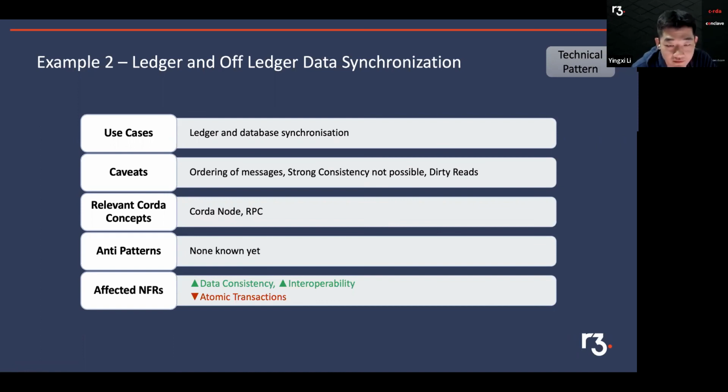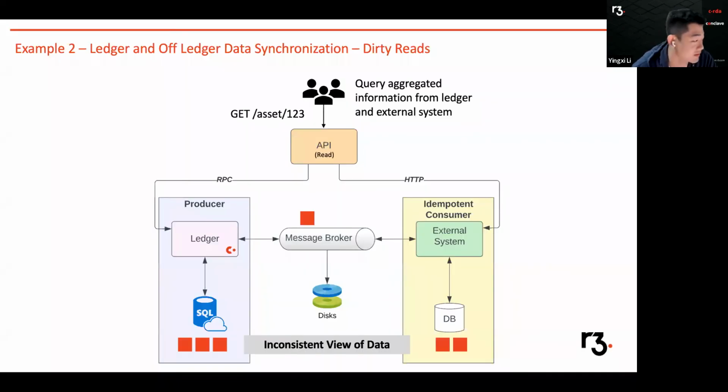So, why not create some materialized view, and in the view do a join between the off-ledger and the on-ledger data? If I understand your question correctly, this is a joined view, because the end user wants a joined view from both the off-ledger and the on-ledger parts when they query.